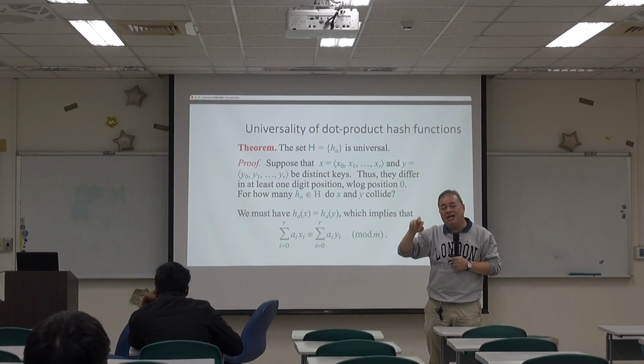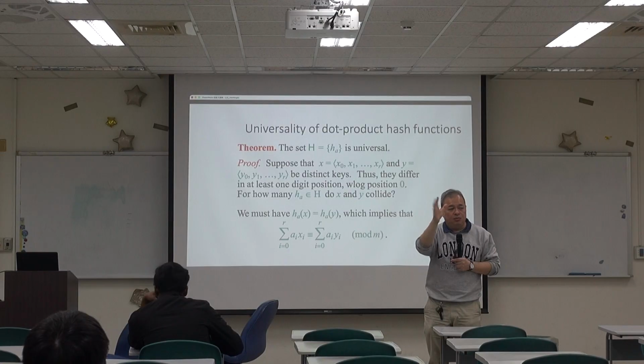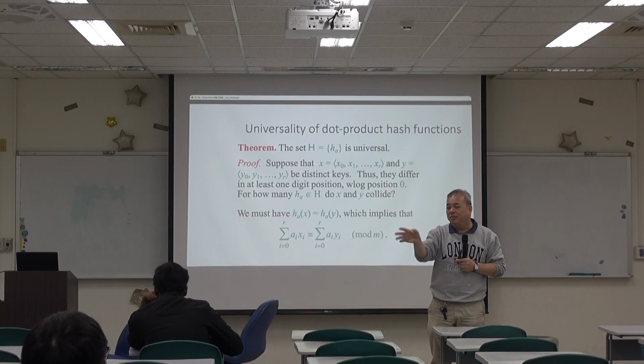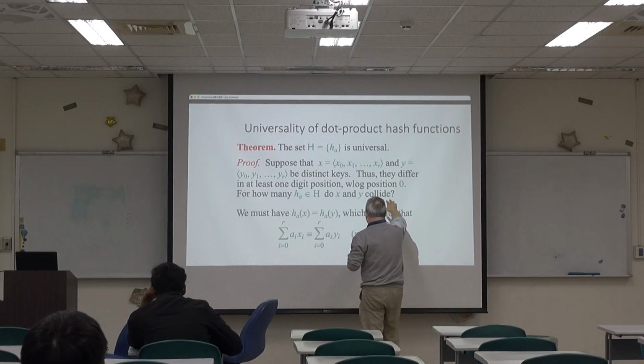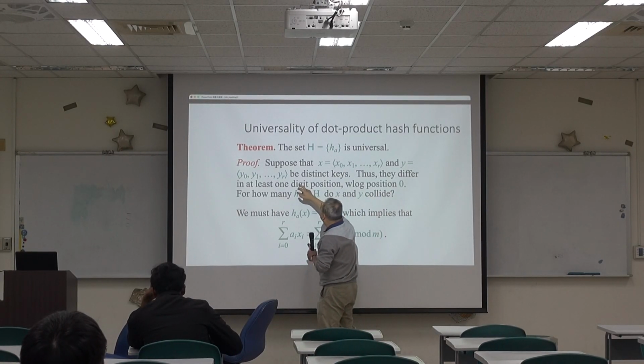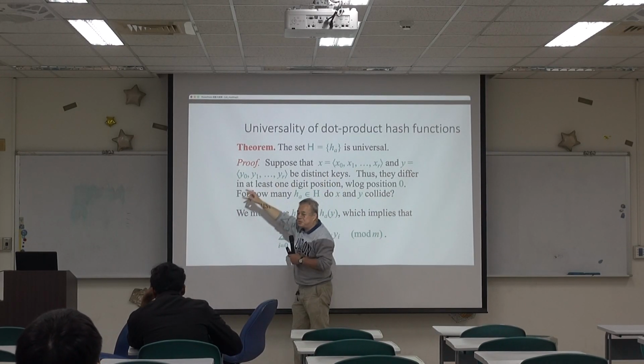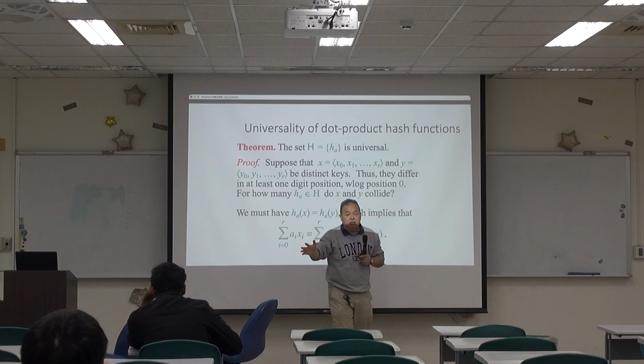If they are not different at digit 0, we can swap, so it's okay. So we assume that at position 0 they are different, so x_0 and y_0 are different. Okay?